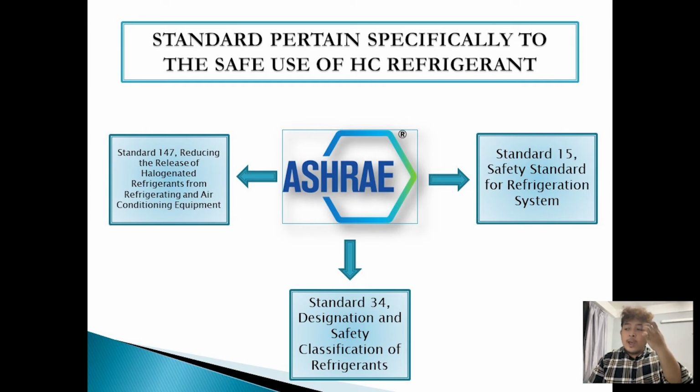The first one is standard 15, safety standard for refrigeration systems. The second one is standard 34, designation and safety classification of refrigerants. The last one is standard 147, reducing the release of halogenated refrigerants from refrigerating and air conditioning equipment.